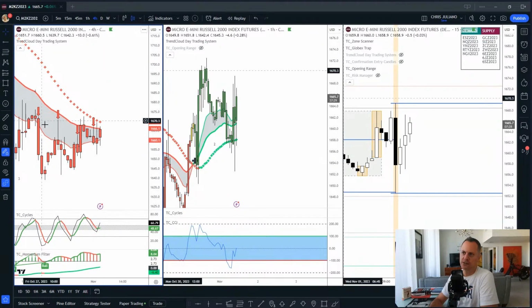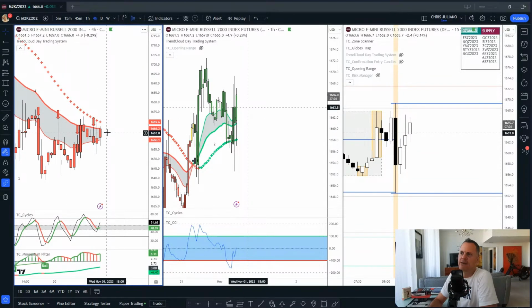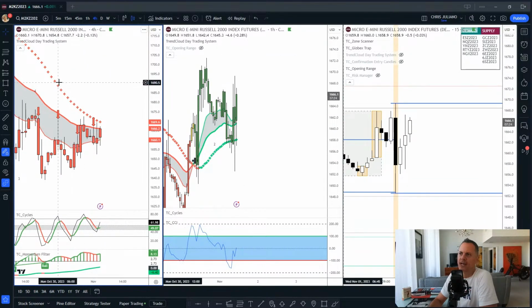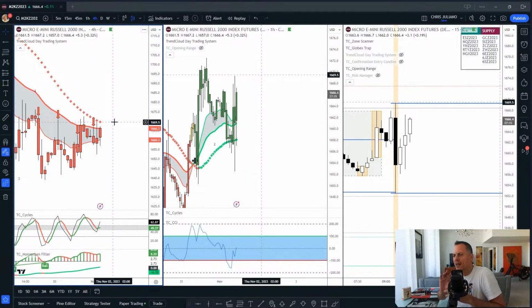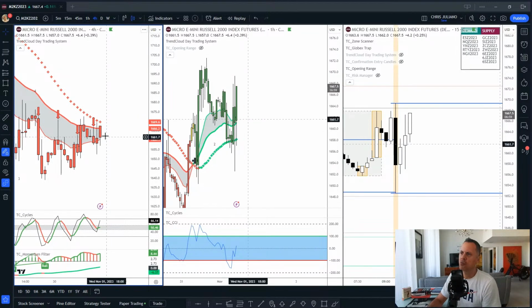Look at how the Russell never broke through that high time frame trend cloud. Usually the Russell is like the little kid running around all over the place while the parents try to chase him. It usually does stuff first. That's interesting. The Russell is just starting to catch up to everything else.